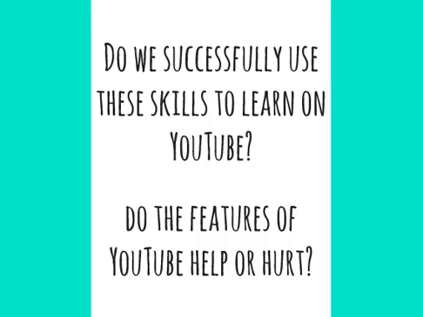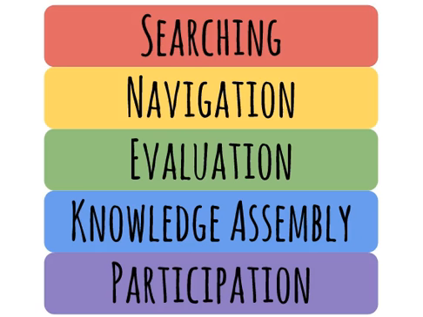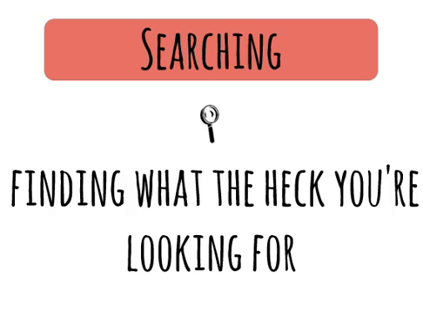And as we do so, we'll ask the 2 questions: do we successfully use these skills to learn on YouTube? And do the features of YouTube help us use our digital literacy skills, or do they hurt us in doing so? So of the 5 competencies, let's start with the first one: searching.